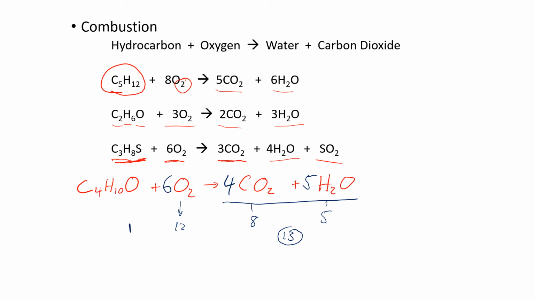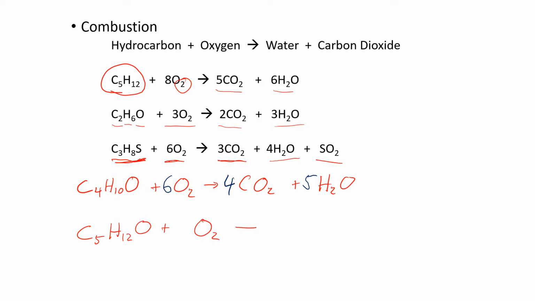Okay, now if you didn't get that one, I'm going to give a slightly harder one, but it'll be the same principles. Let's go C5H12 plus oxygen, O2, and then again that makes just CO2 and water.